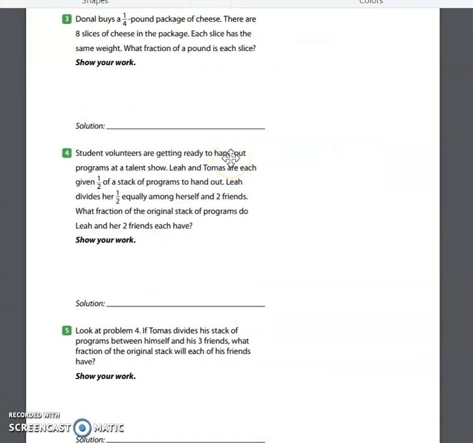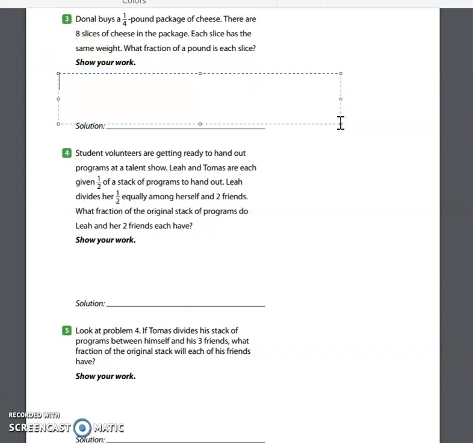Next question says, Donald buys a 1/4 of a pound package of cheese. There are 8 slices of cheese in each package. Each slice has the same weight. What fraction of the pound is each slice? To solve this problem, I could change this from a division problem to a multiplication.